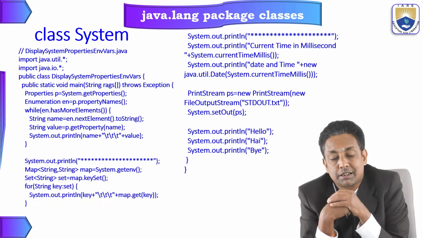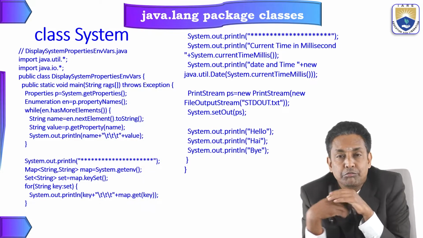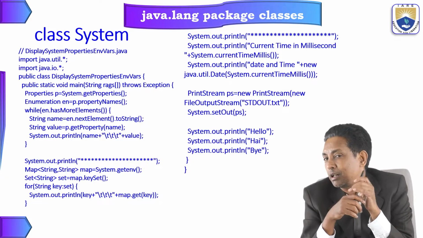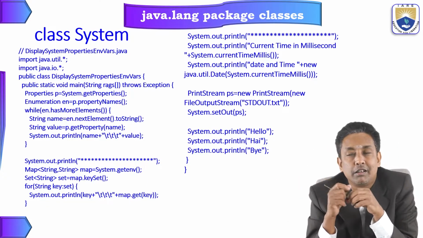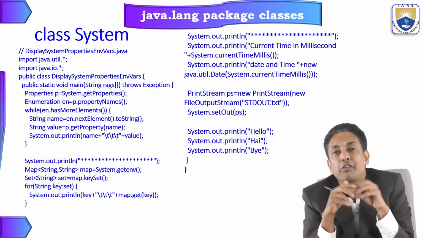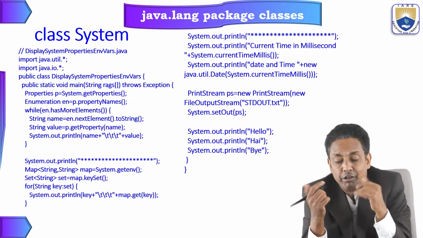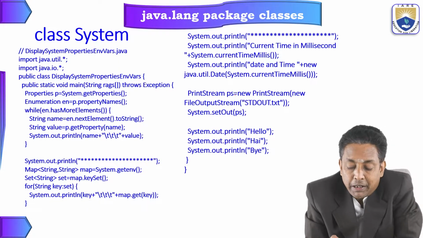Next, what does System.out.println do by default? Whatever you pass to System.out.println will be written to the monitor, right? Instead of writing to the monitor, if you want to write it into a file, what you need to do is create one PrintStream class object.